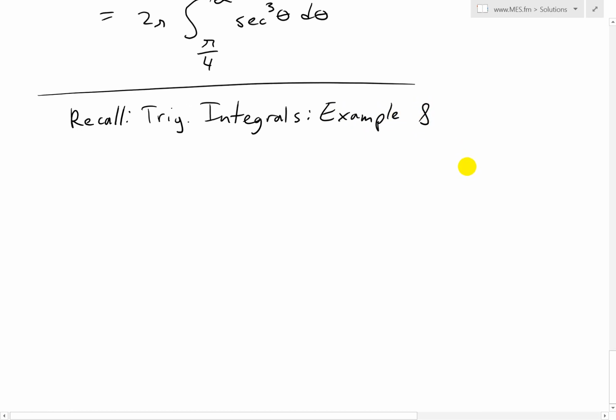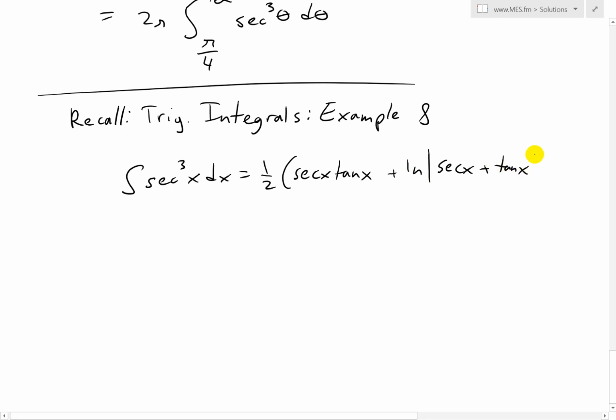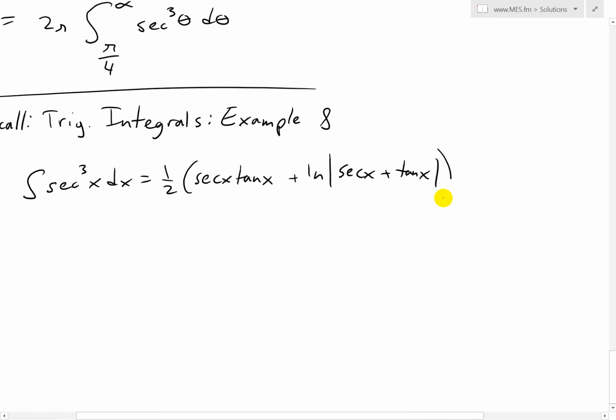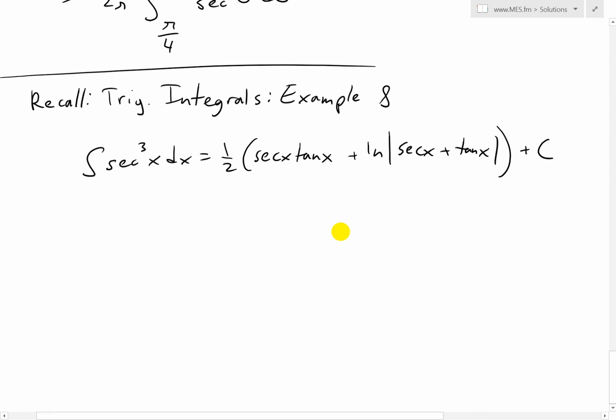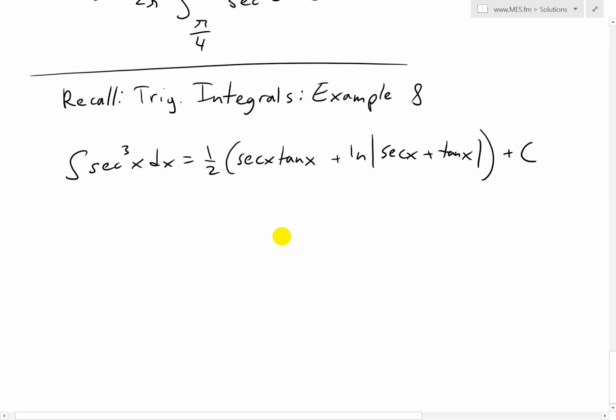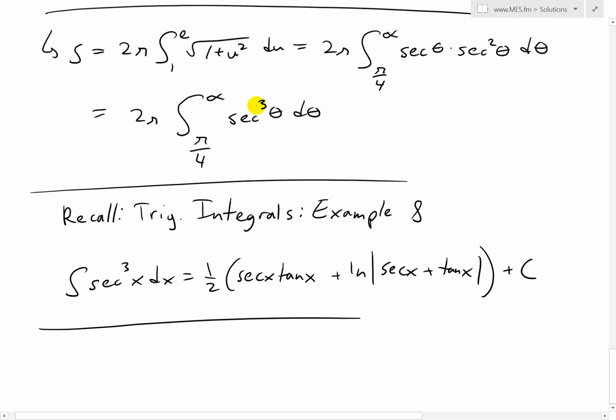In example 8, I solved the integral of secant cubed x dx, and I got 1/2 times secant x tan x plus ln of absolute value secant x plus tan x, plus a constant c. So if we recall that derivation, we can just plug it in there.